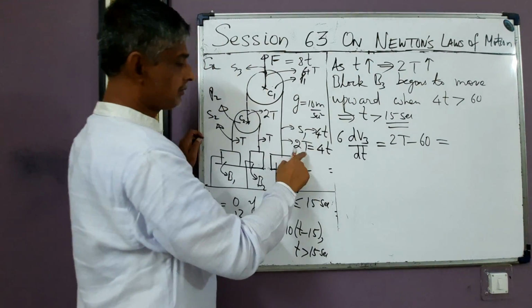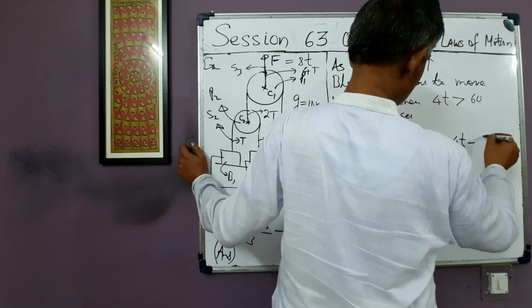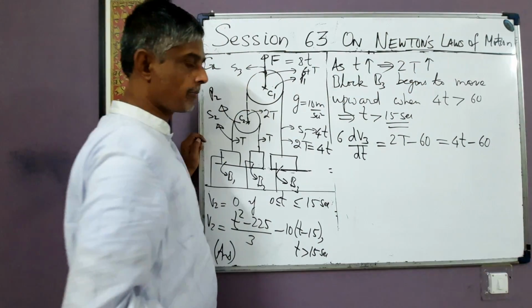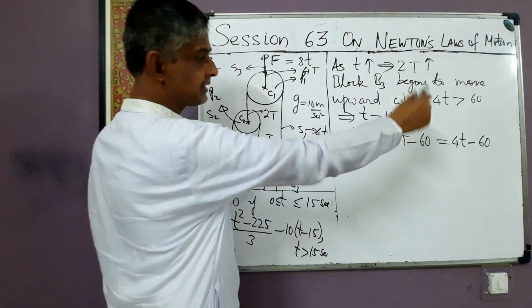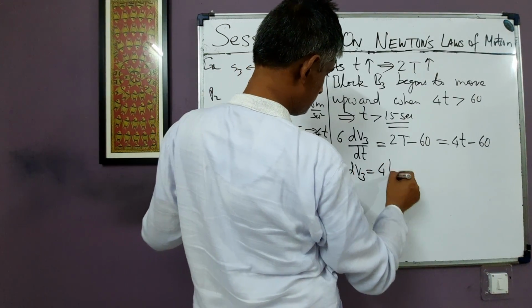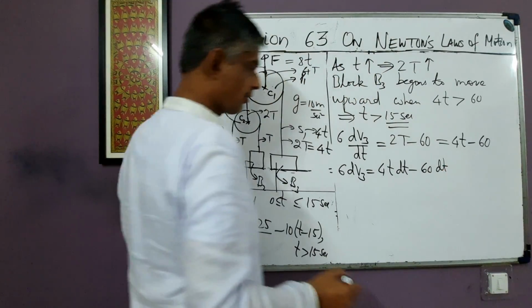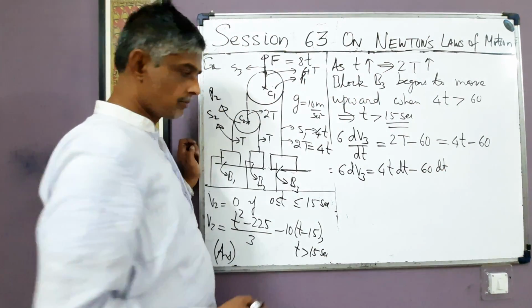But capital T is... 2 times capital T is 40. 40 minus 60. Now I shift dt to that side. 40 dt minus 60 dt. Okay, fine.